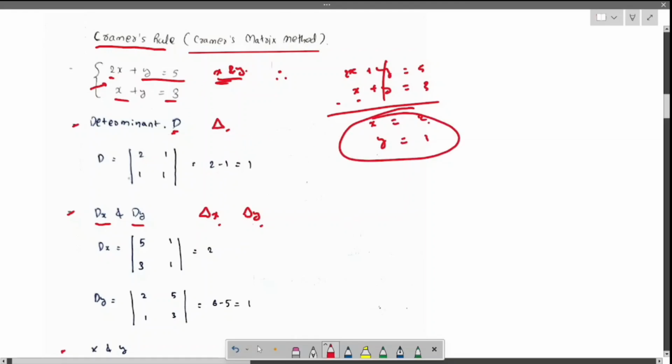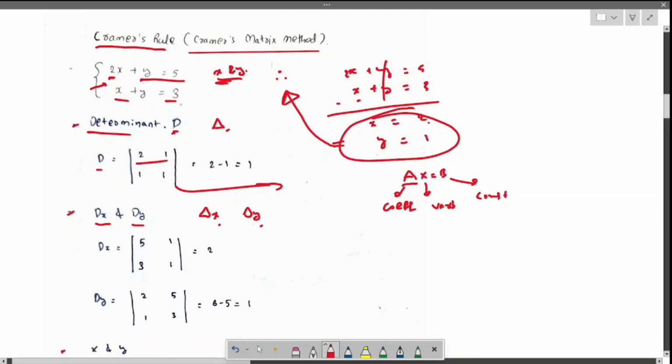Now let us solve for x and y by Cramer's method. First let us find the determinant. Determinant D equals, write the values: 2 1, 1 1. This is the format AX equals B, the matrix, where A is the coefficients, X are the variables, and B are the constants.